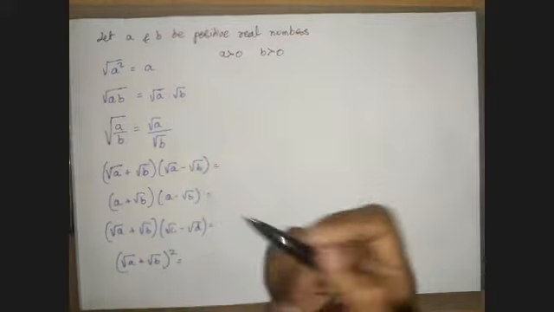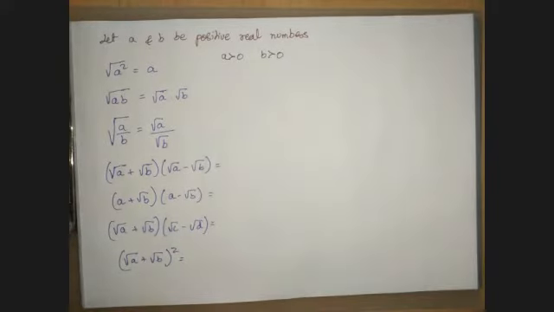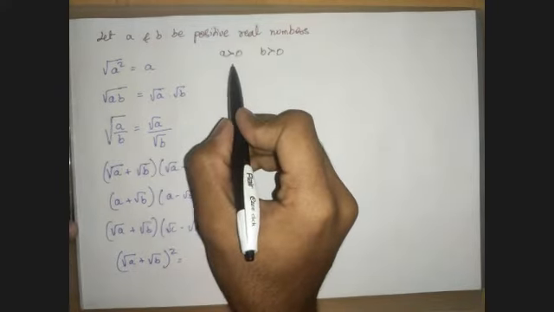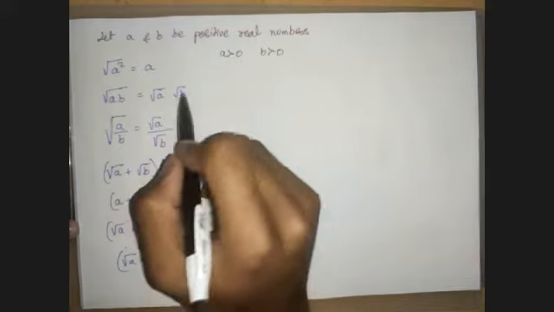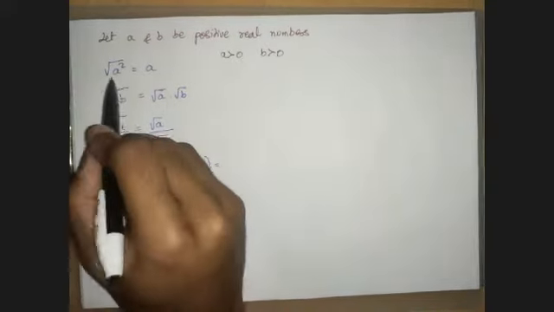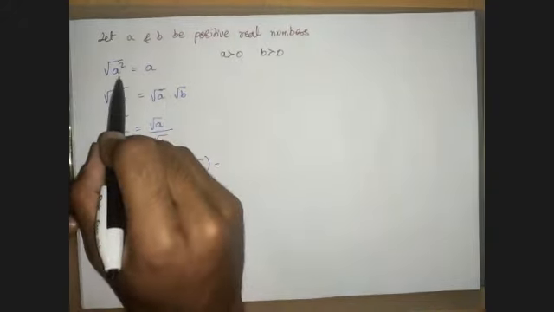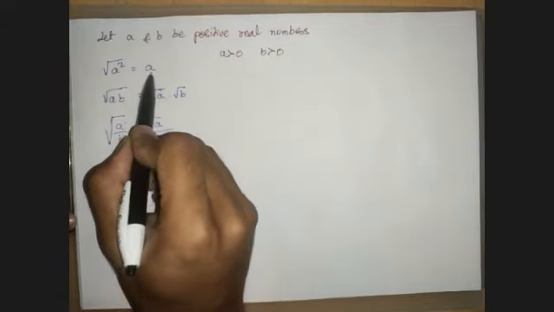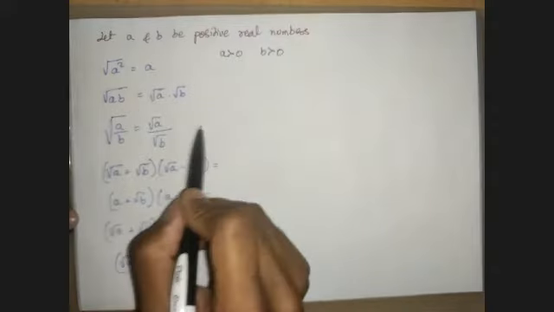So now let us look at some properties before moving further. Let us consider two positive real numbers, because we don't know how to take the root of negative numbers, right? So if we take the square root of a square, the square root and the square get cancelled and we get a itself. Now let us see the next property.